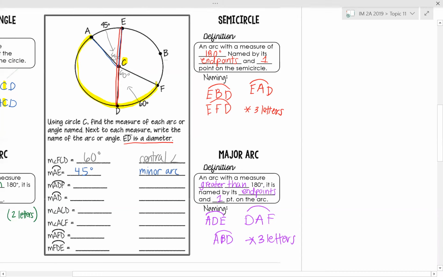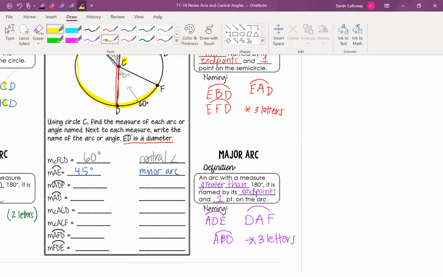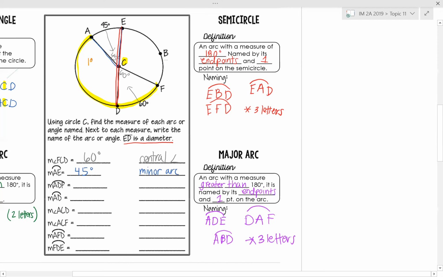Okay, so what I know about this is that that red line divides it in half. So I know that from A to D is 180, but 45 degrees less because 180 is that red line. So what I can do to figure out what this arc is from A to D is I can do 180 minus 45 so that I can just figure out what this wedge is from where the highlighted part is.